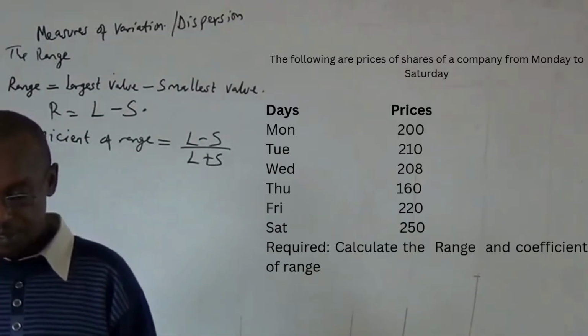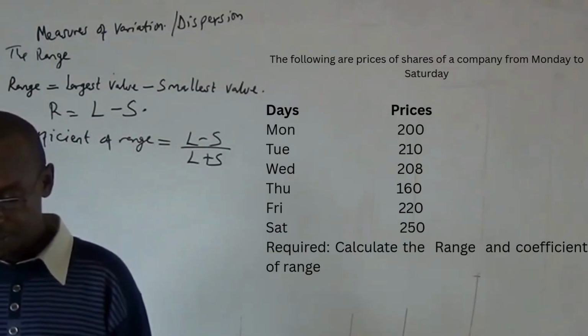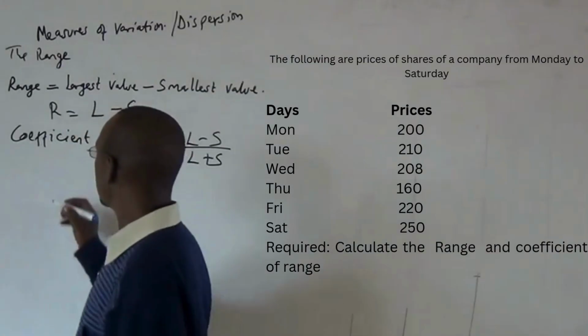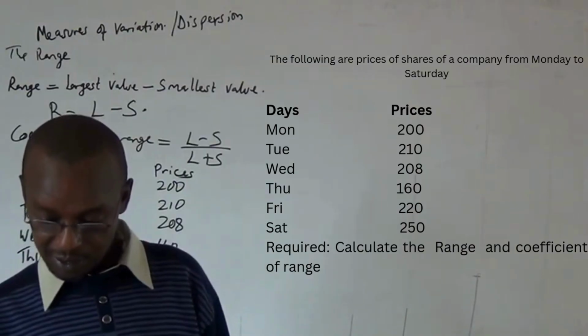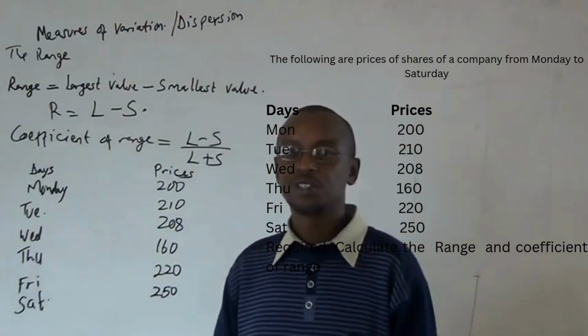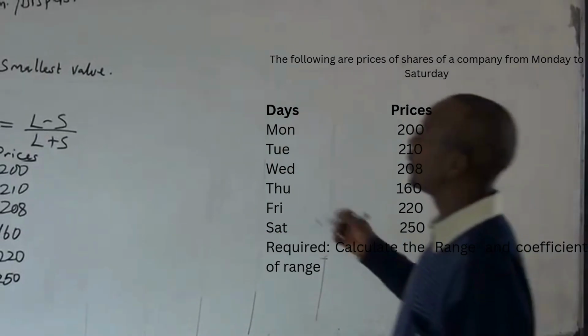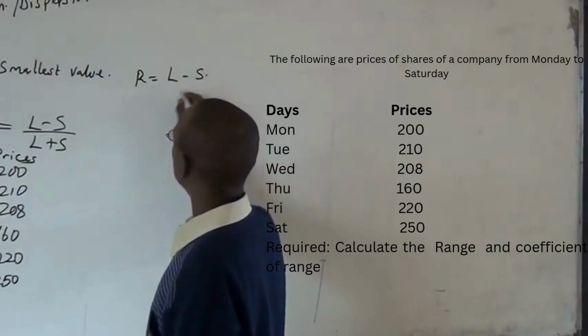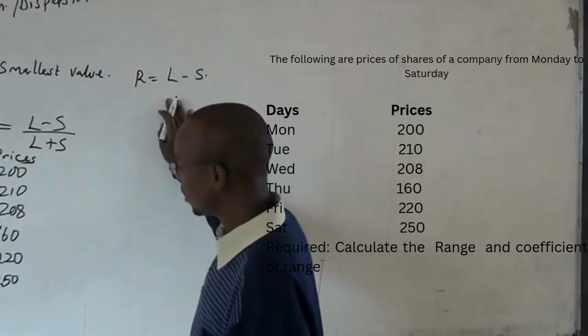Illustration. The following are prices of shares of a company from Monday to Saturday. Required: calculate the range and coefficient of range. So we have said that R is equal to L minus S. So in this case, which is L? 250.